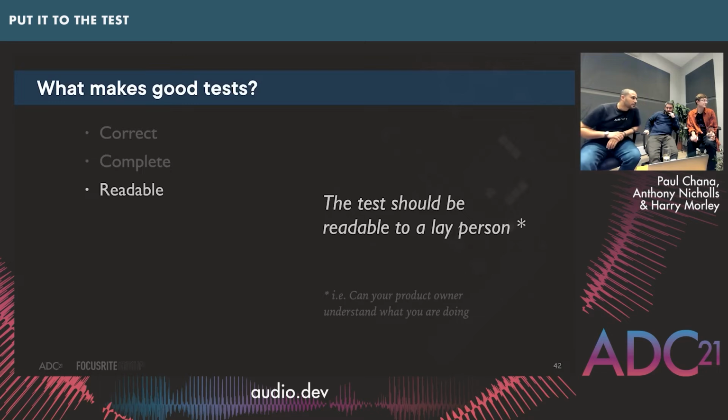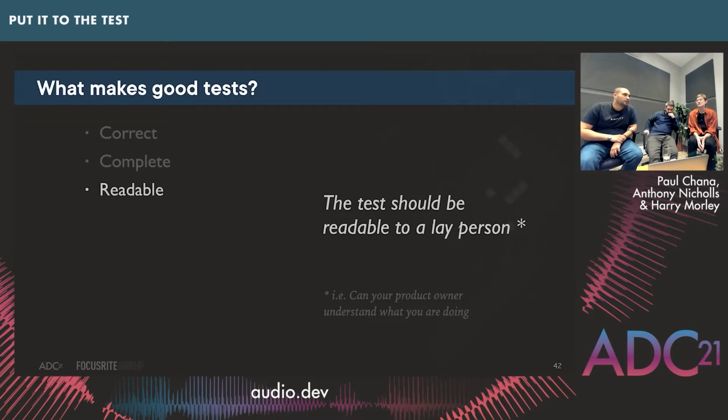So number 3, the test should be readable to a lay person. One of the tests that we consider is, could you show it to your product owner, your manager, somebody who's not an engineer, and could they understand that test?